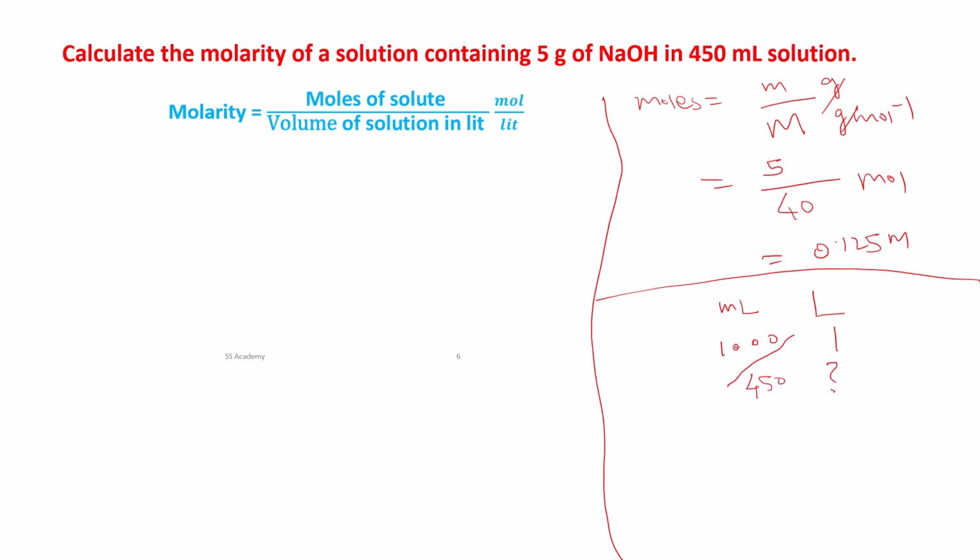So we do the cross multiplication and divide by the remaining third data. 450 ml into 1 liter divided by 1000 ml. The ml cancels, and if 1000 goes up, this becomes 450 into 10 to the power of minus 3 liter.